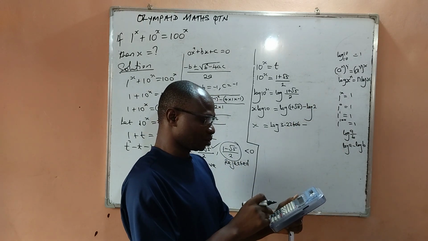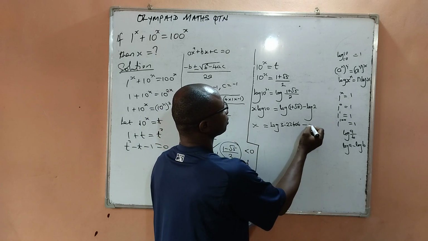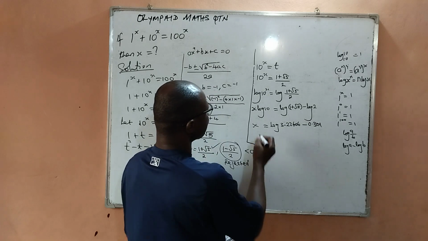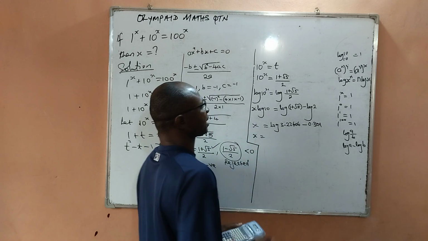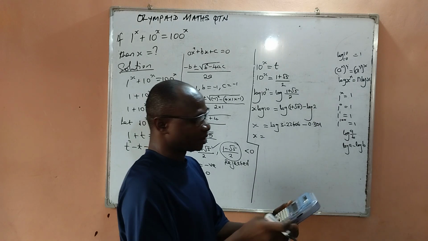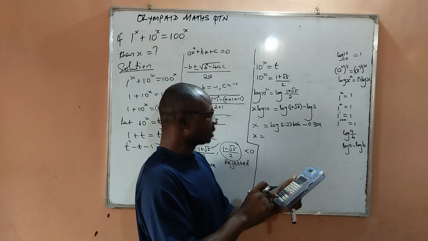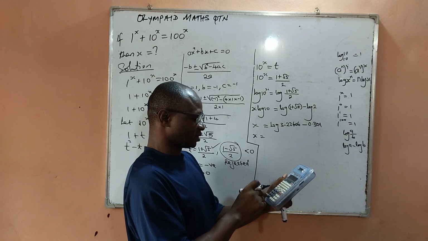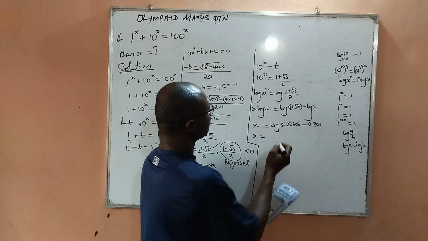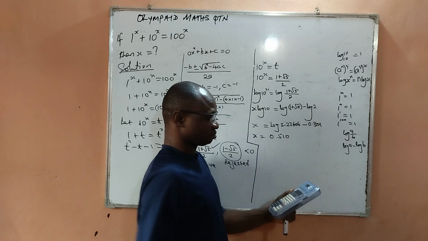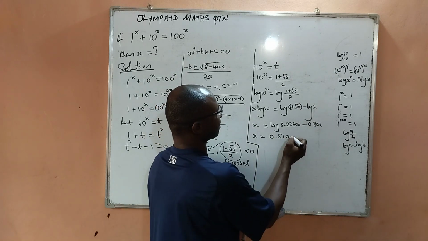And log 2 is equal to 0.301. Very good. So next that we do is to find log 3.23606. Alright? And log 3.23606 will give me 0.510. Okay? 0.510 again minus 0.301.